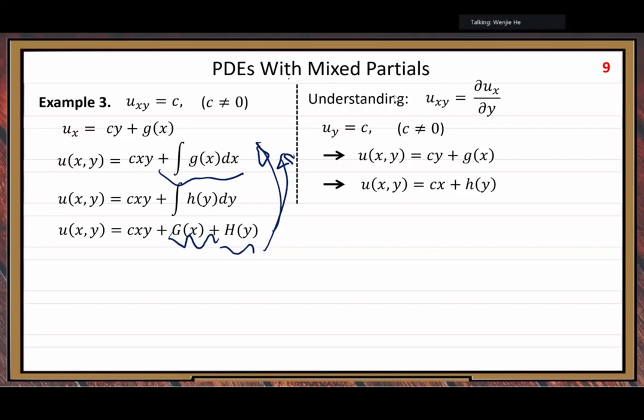Capital H of Y, we treat as constant, so capital H corresponds to the constant term in the first version. Similarly, for the second version, capital H corresponds to that one, but the capital G function corresponds to a hidden constant term, depending on which derivative you took first.